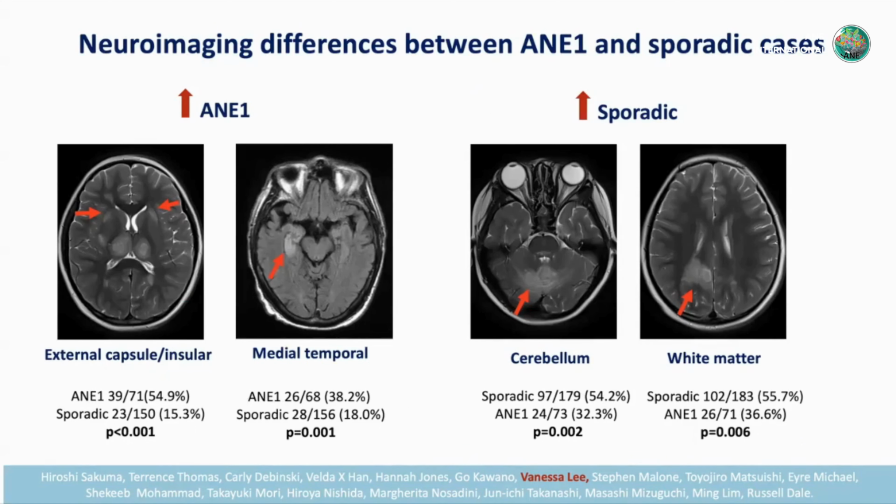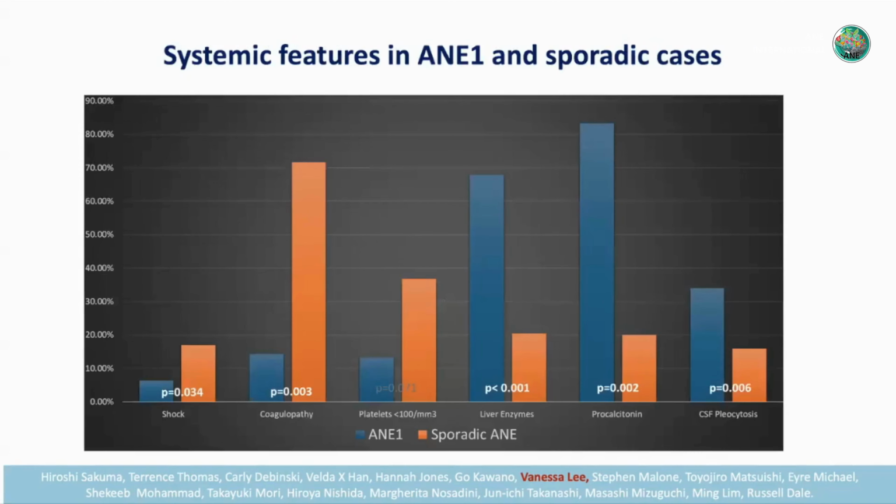As you remember, some of the definitions were already observed by Derek in his papers on the ANE1 version. In the sporadic form, probably because there's a little more inflammation, maybe the cerebellum was more involved, as well as the white matter. Vanessa has actually done the early part of this work from the group.